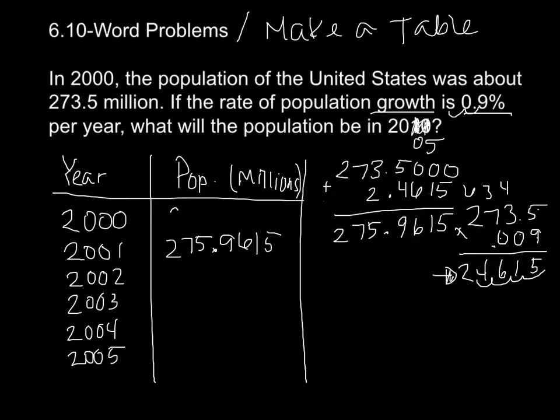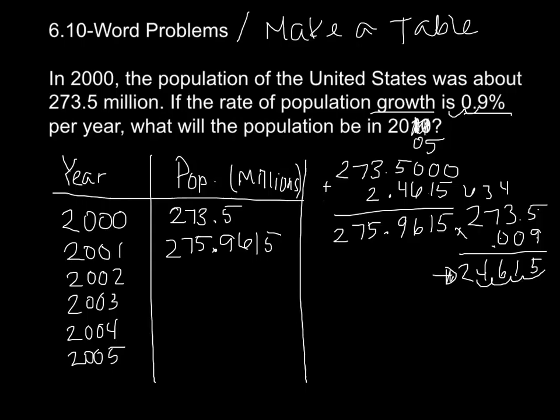Okay, and this one was 273.5. So that's what it would be in 2001. That would be our population. Now we have to do that same thing 1, 2, 3, 4 more times.